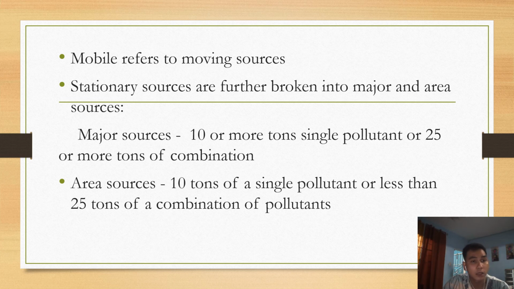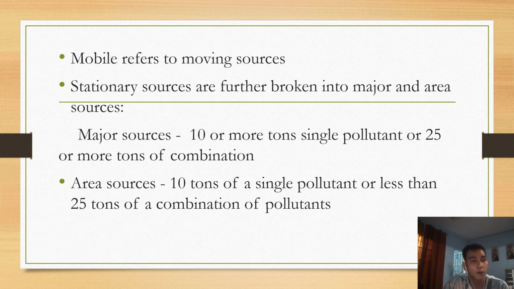Major sources emit either 10 or more tons of a single air pollutant or 25 or more tons of a combination of air pollutants. Area sources emit less than 10 tons of a single pollutant or less than 25 tons of a combination of pollutants.